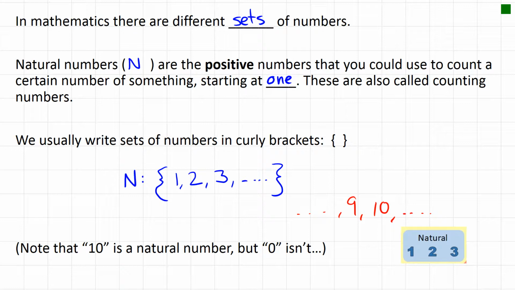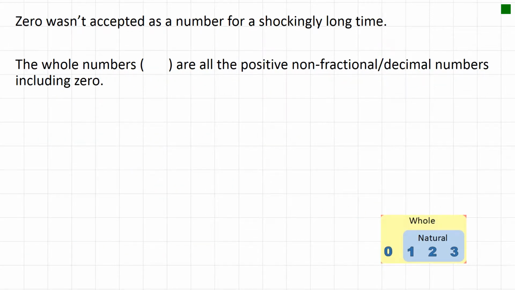You can have $0 in your bank account, but it's not a traditional counting number in the history of math. But what's interesting is that we do use 0 in the symbols of other numbers, like 10. 0 wasn't really accepted as a number for a shockingly long amount of time, at least not like the other numbers. And so now we do accept it as just another number like the other numbers.